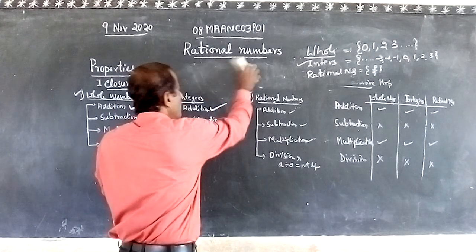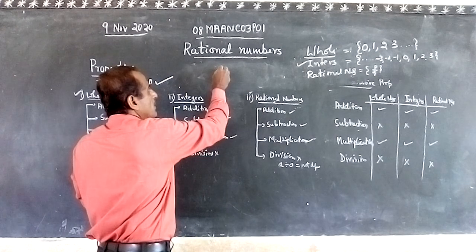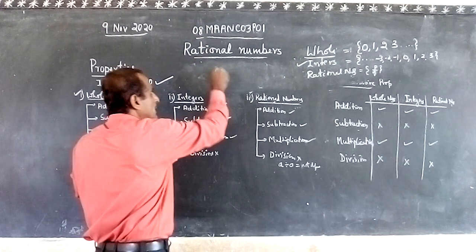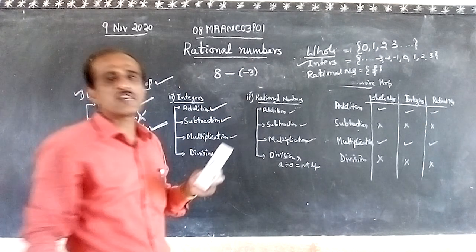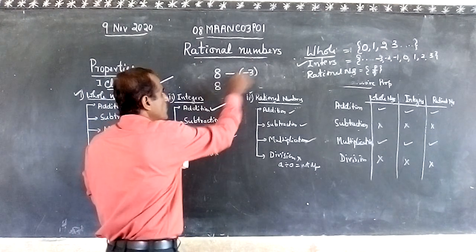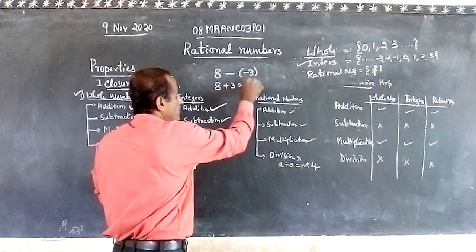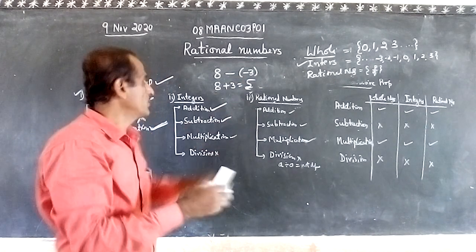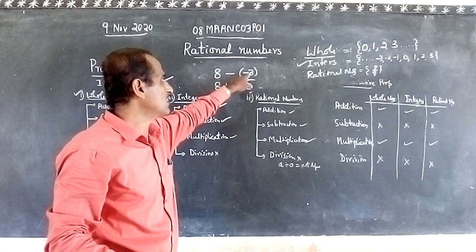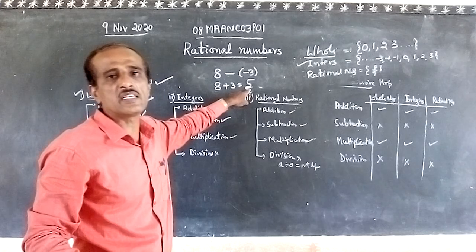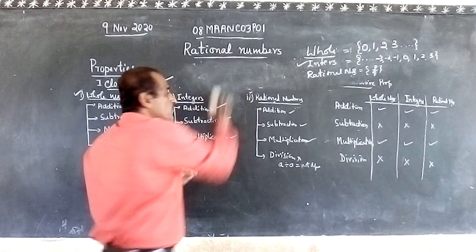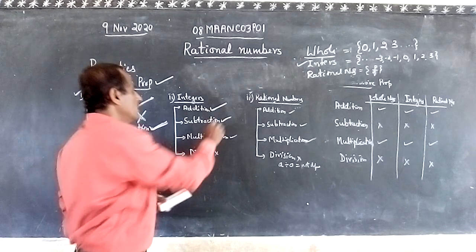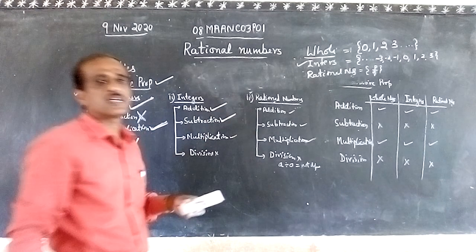For example, 8 minus minus 3. The answer is 5. Here 8 is an integer, minus 3 is an integer, and the answer 5 is also an integer. Therefore, subtraction is also closed for integers.